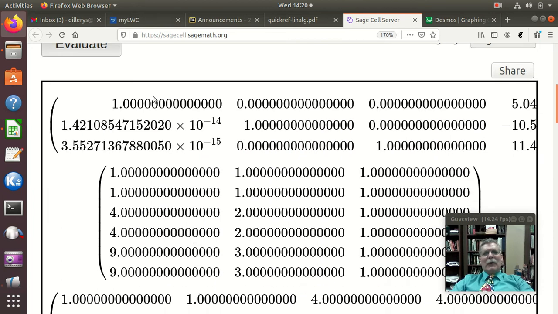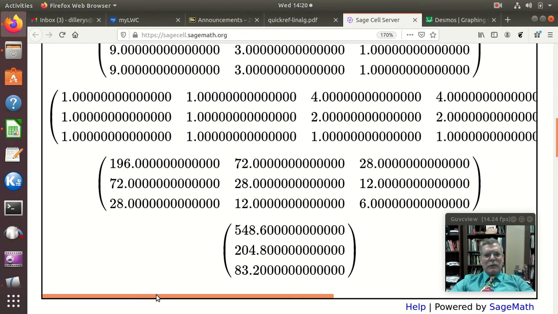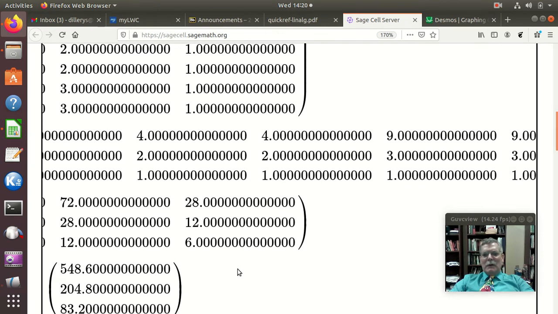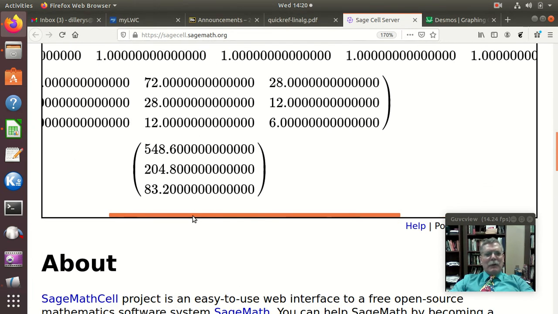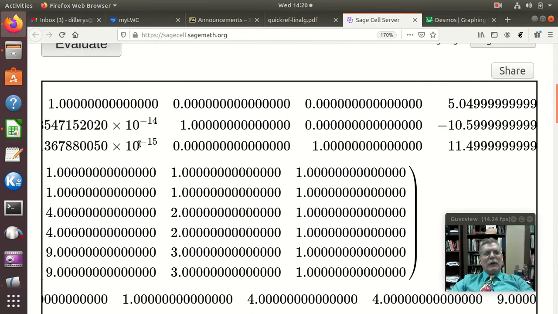And so there's our answer as far as our augmented matrix. It's really big here. I got to go to the bottom to scroll over. That was the identity. Now, I could make this smaller, I guess, but here where you see stuff times 10 to the -14th, 10 to the -15th, those are zeros.